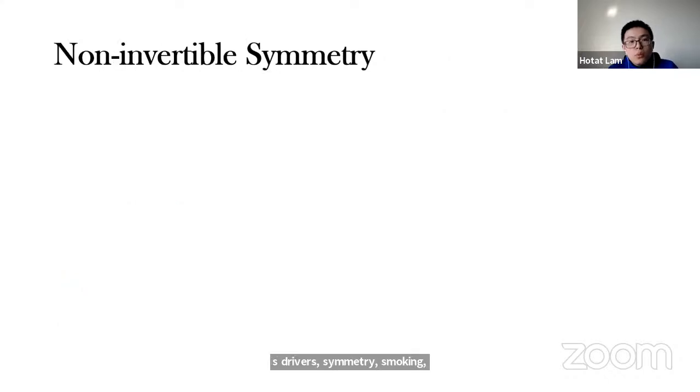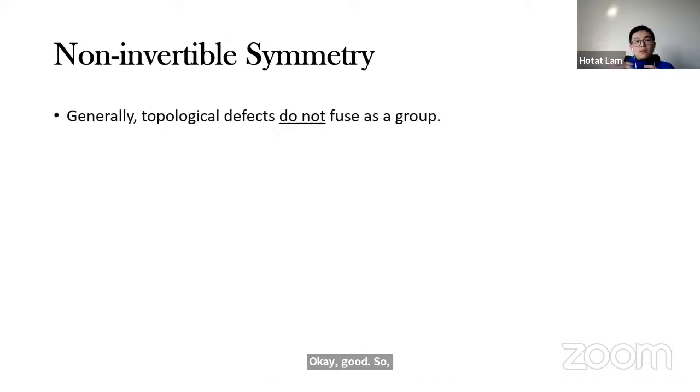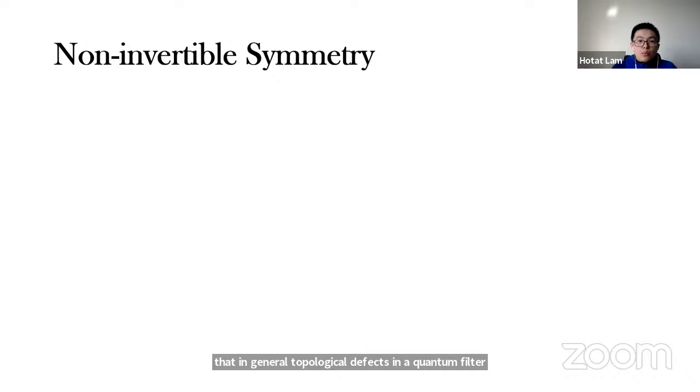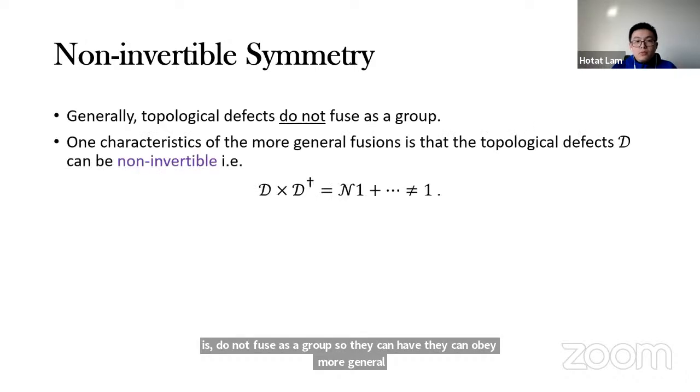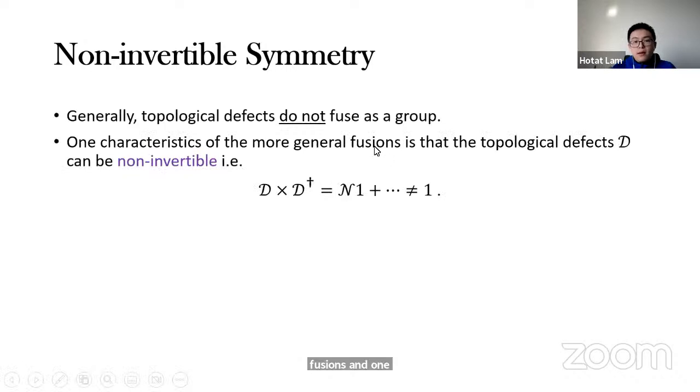Okay, good. So what are non-invertible symmetries? Non-invertible symmetry arises from recognizing that in general, topological defects in quantum field theories do not fuse as a group. They can obey more general fusions. One characteristic of this more general fusion is that the topological defect can be non-invertible.